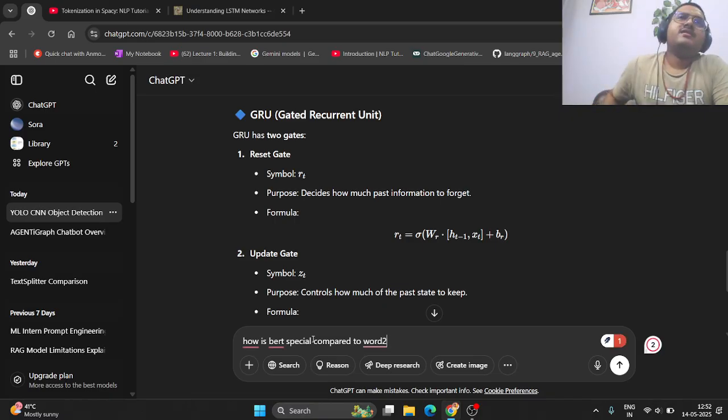Let's say in one sentence, I am eating an apple now, where apple is a food, and in another, I love apple because the iPhones have good picture quality. In word2vec, both have the same embeddings.